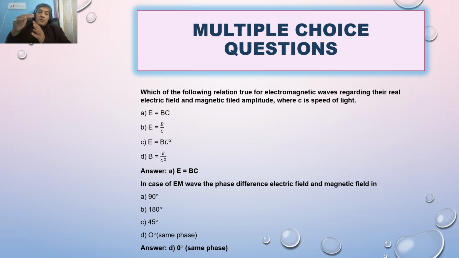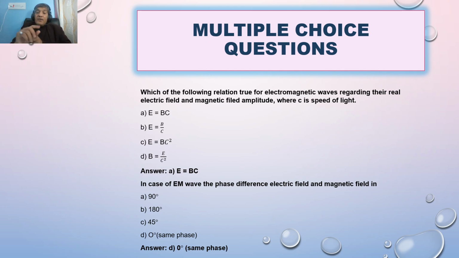Here we have free space. So in free space we have zero phase difference between electric field and magnetic field. Keep that in mind. It is a very important question from your competition point of view. In a conductor or material medium we have a phase difference between electric and magnetic field, but in free space we have zero phase difference.